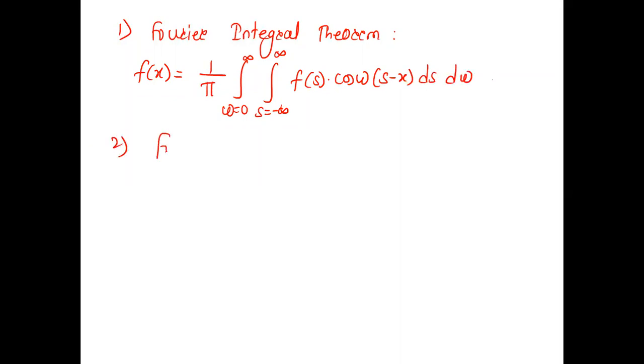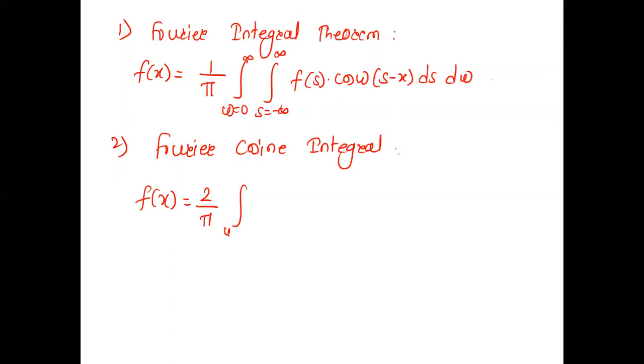Second, the Fourier cosine integral: 2 upon pi. You should collect this. The story is immaterial, but the formulas are very important. They can ask you in the exam. 2 upon pi, integration omega from 0 to infinity, cos omega x d omega, integration s from 0 to infinity, f of s cos omega s ds. Very good.